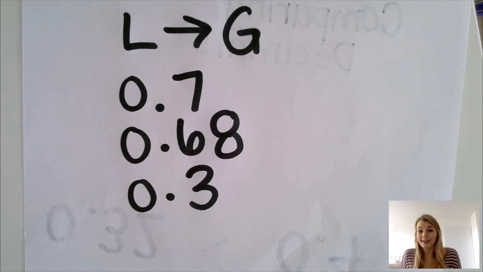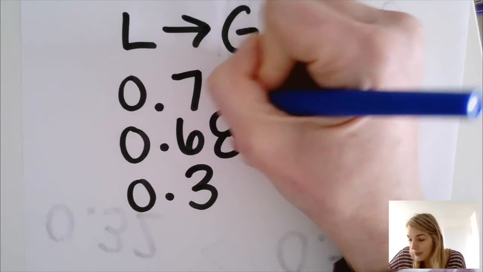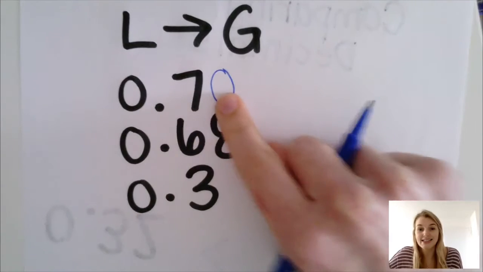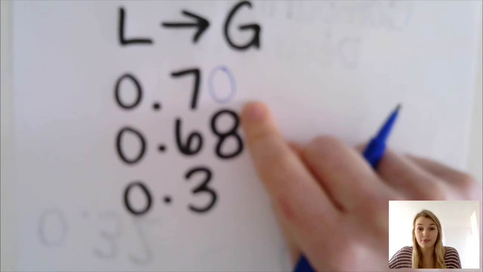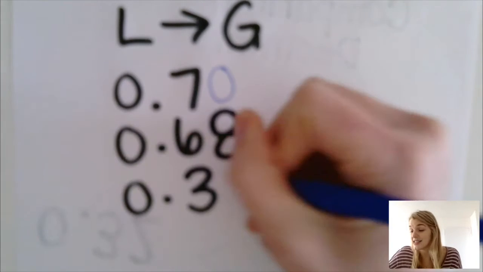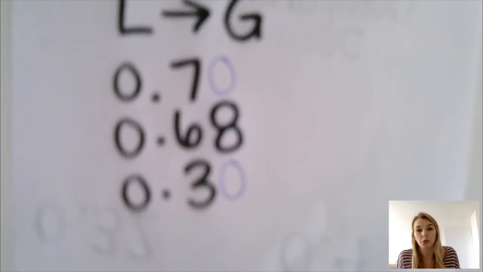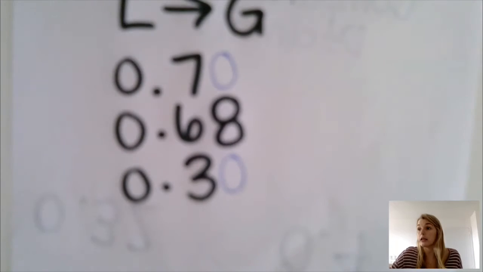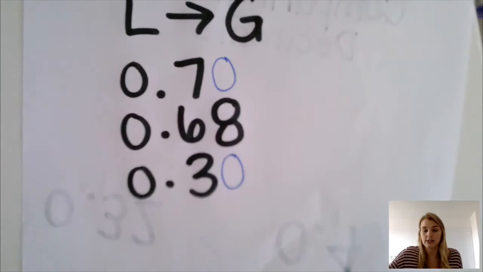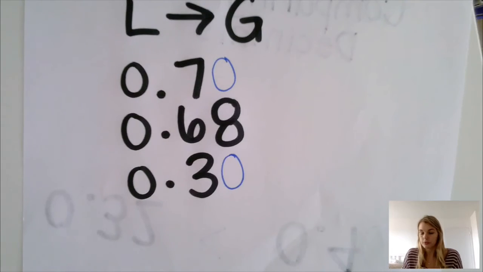So remember, I can add a 0 at the end, because 7 tenths is the same thing as 70 hundredths, and 3 tenths is the same thing as 30 hundredths. I'm just going to use those zeros as placeholders so that we can get an equal comparison and actually see what these numbers compare to.